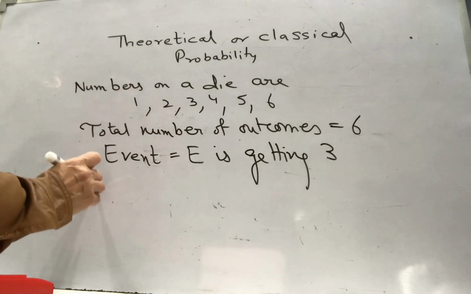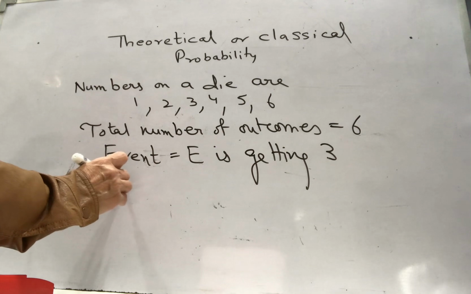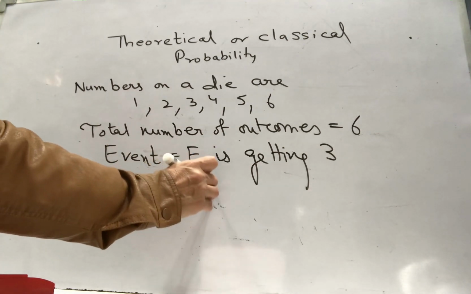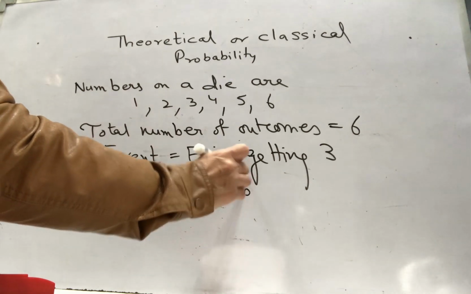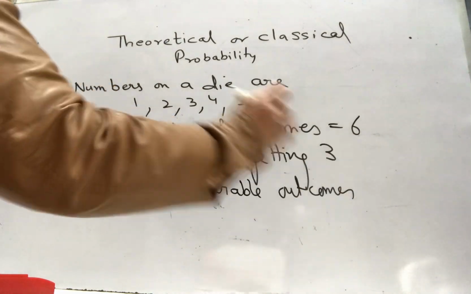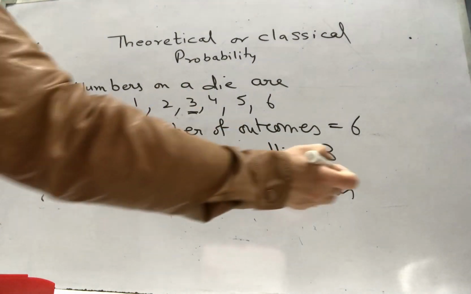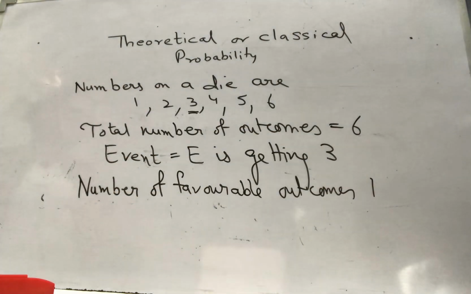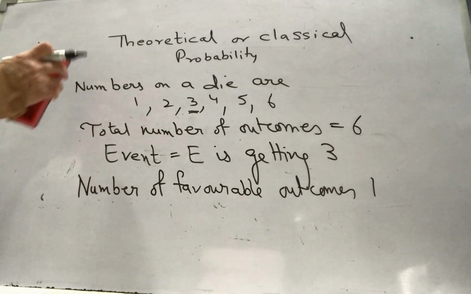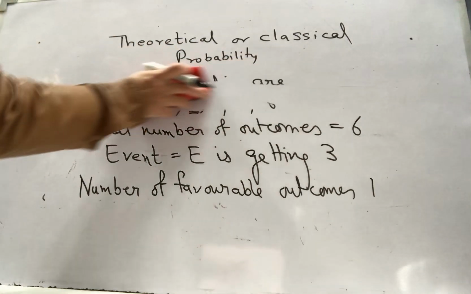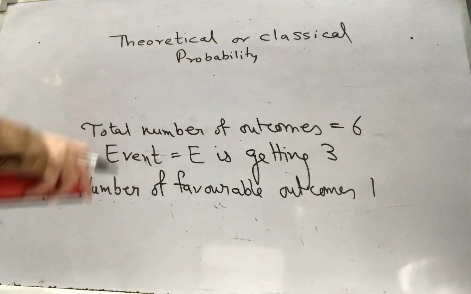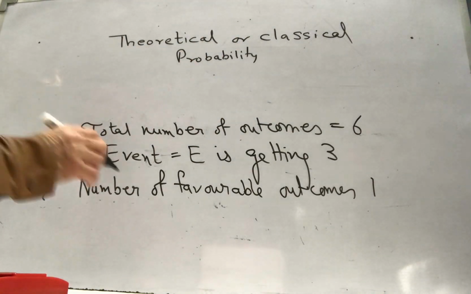So the number of favorable outcomes is 1. First you note down the total, and then you count how many times you are successful.